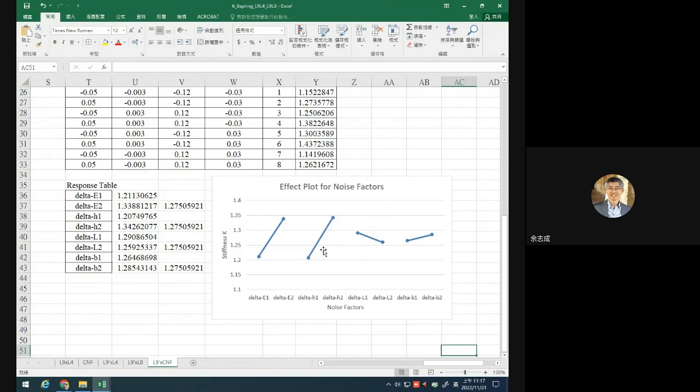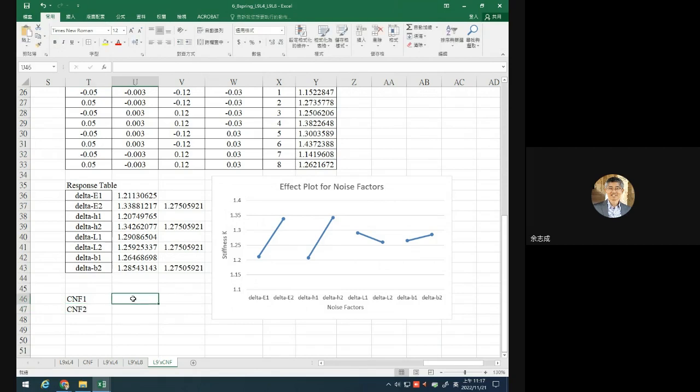But due to the number of experiments, we kind of neglected delta E at first. Now we need to consider all the manufacturing noise factors. We want to use this direction to come up with the compound noise. So once you finish that, you will have compound noise factor 1 and compound noise factor 2.